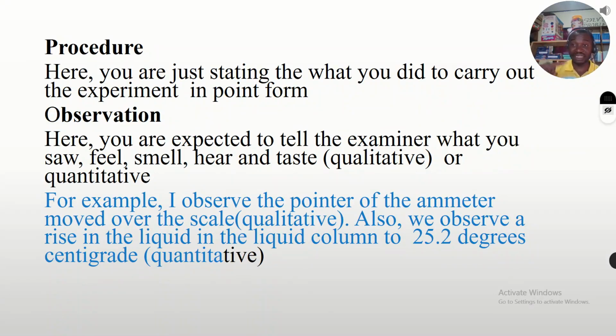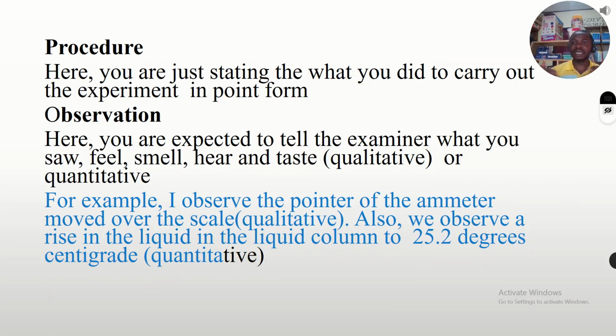You saw the liquid in the liquid column rising, or the height of the liquid column changing. That's what you saw. If they gave you a multimeter or an ammeter, you saw numbers. So what you see, what you felt, what you heard, a pop sound. Don't say things that you did not see.